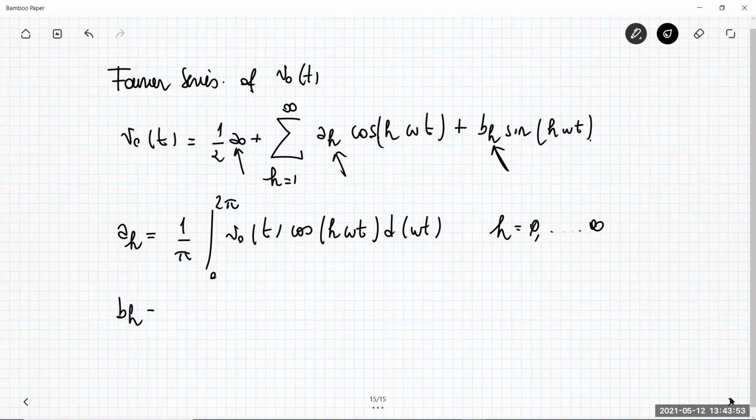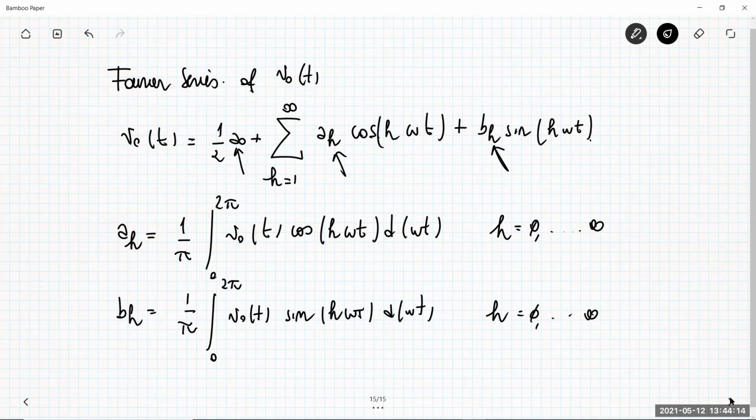And bh is computed as 1 over pi, the integral over a period of V naught times sine h omega t, d omega t, again for h from 0 to infinity. These are the coefficients of the Fourier series that we have to use for computing this output spectrum.